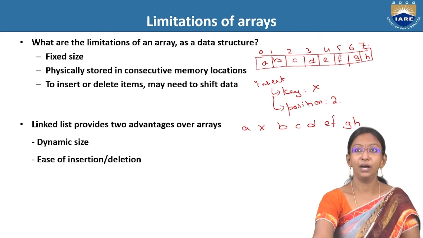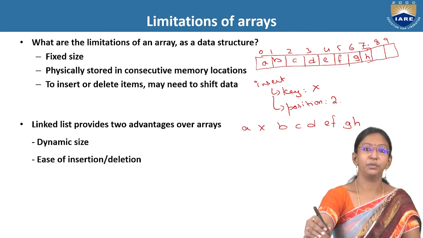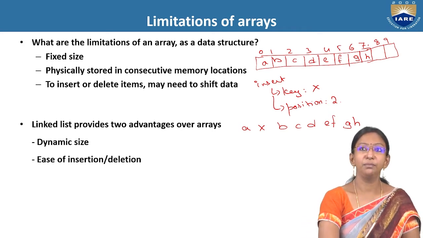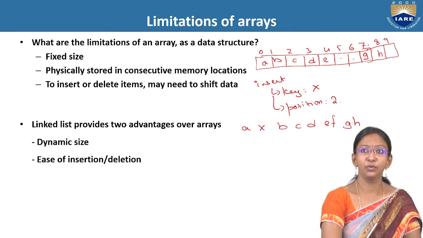So even though you have abundant empty space in the array, to insert, the only way is to shift the elements. The element at the 7th index will be written on the 8th index. The element at the 6th index will overwrite the element at the 7th index, G. Then the element at the 5th index will be shifted towards the right. The element at the 4th will be shifted right.